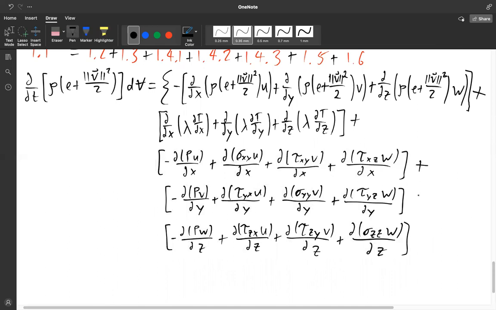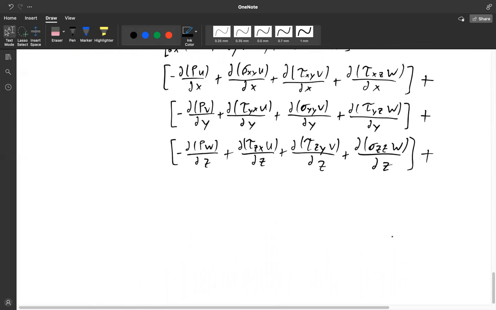These terms plus rho Qs dot plus K vector dotted with V vector, all multiplied by dV.